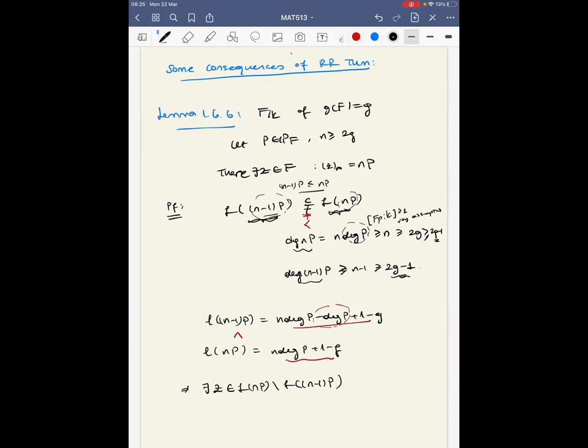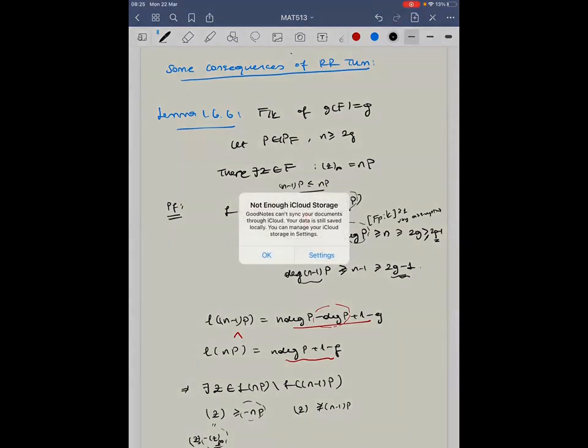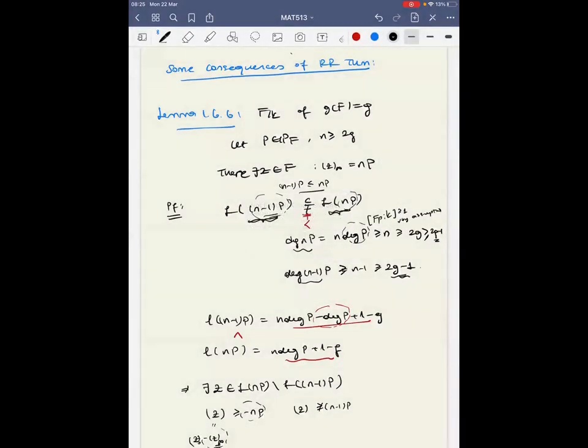And indeed, by the definition of the Riemann-Roch spaces, and by comparing the two divisors, we can see that z has a pole at P of order n.